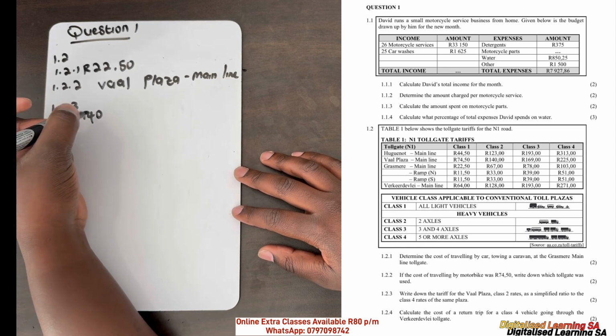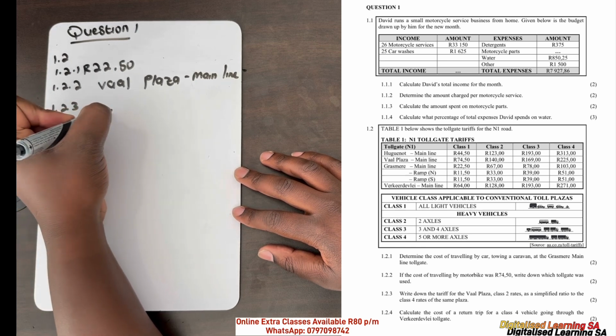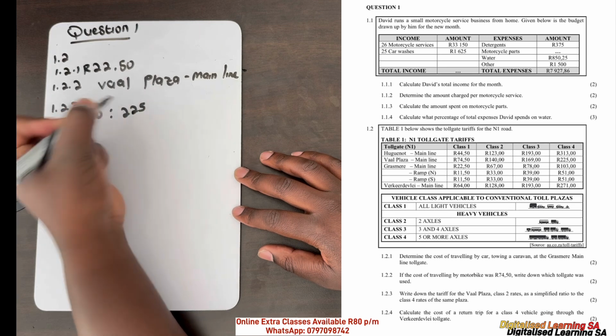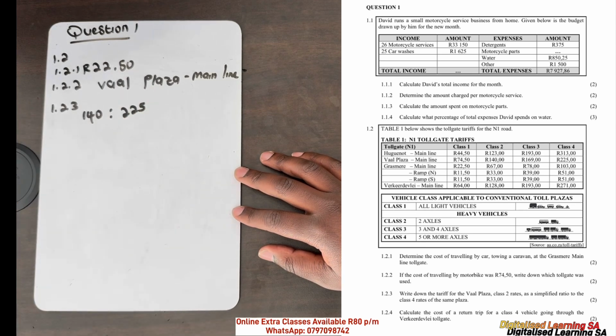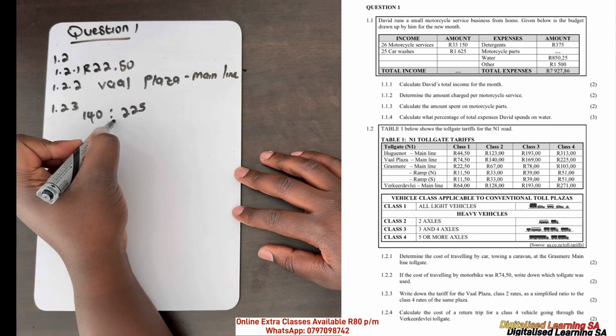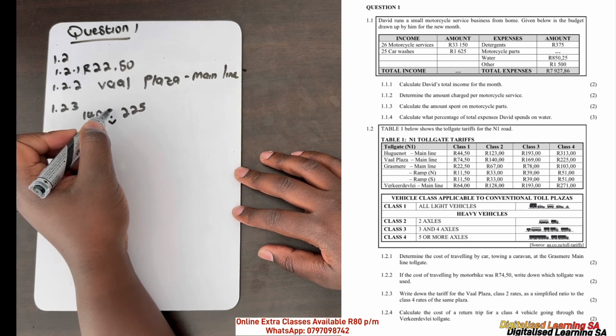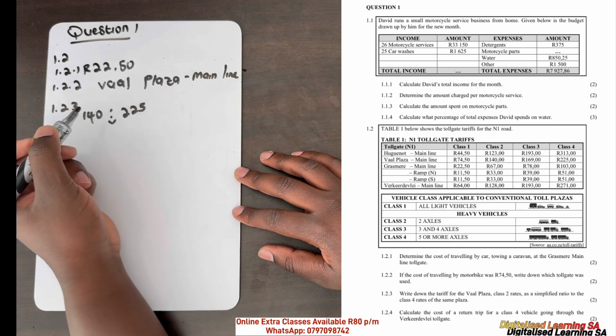So we are writing class 2 Vaal Plaza and then class 4. If you go to class 4, we can see that it costs 225. So once we are told to write something as a ratio, don't forget these 2 dots that come in the middle. So once they say ratio, just remember to write down the 2 dots.